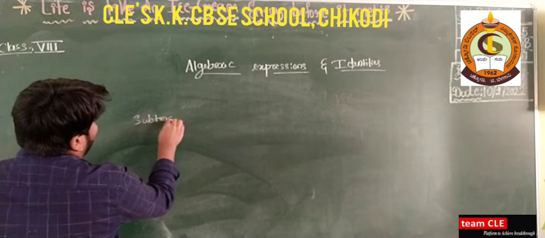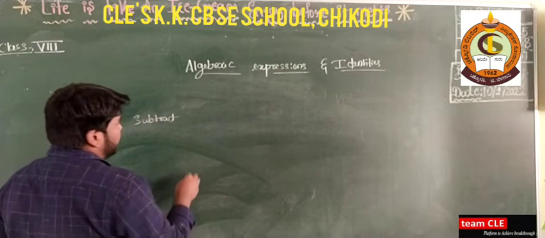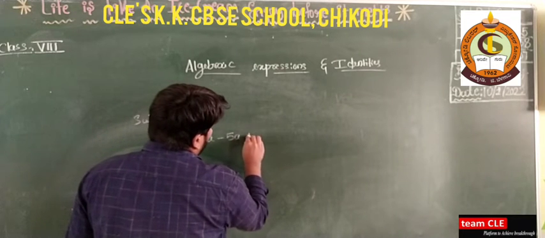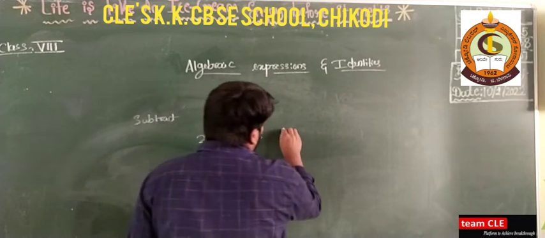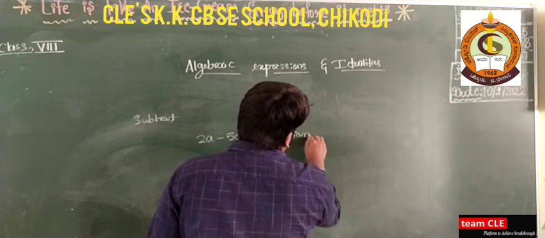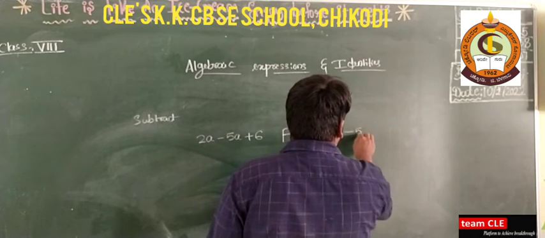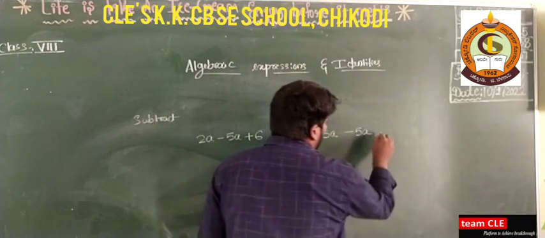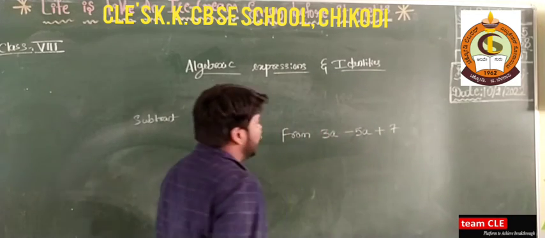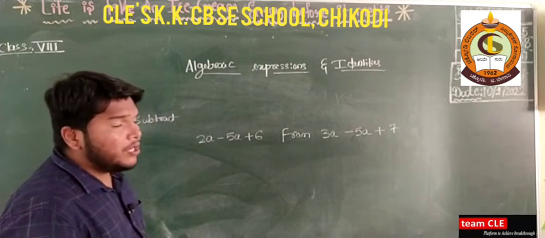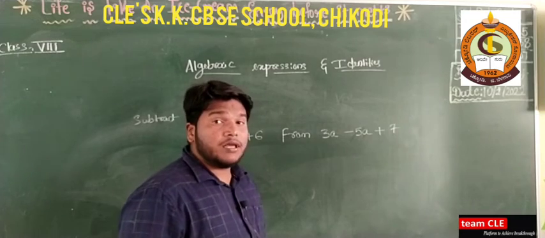Subtraction of algebraic expressions. Subtract 2a minus 5a plus 6 from 3a minus 5a plus 7.